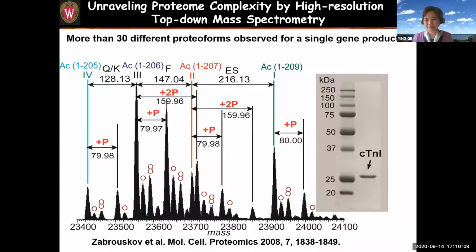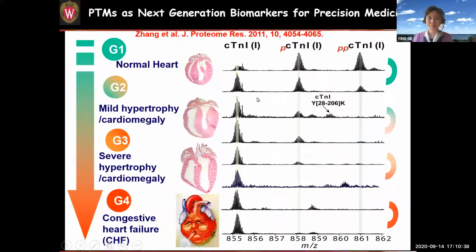It just means that there are all sorts of post-translational modifications, like acetylations, phosphorylations, and also degradations. The proteins can be degraded, but they can still be phosphorylated. And for some proteins, you can see oxidations as well. So in this case, there are over 30 different proteoforms from a single gene product.